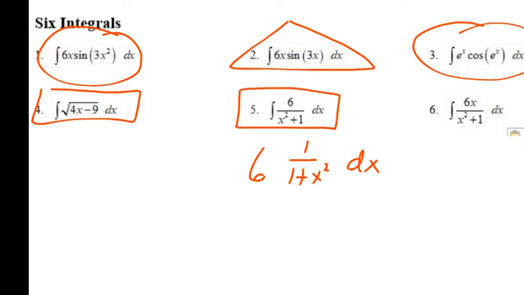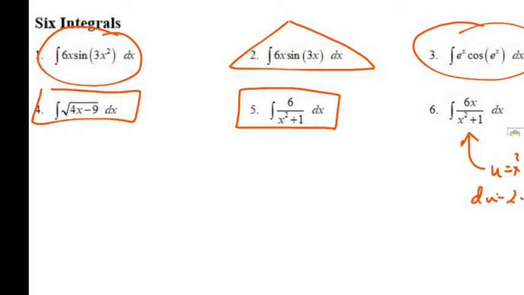So it ends up being a basic problem because we recognize it. But if you compare that with number 6, you should see that we are not able to write it as 1 over 1 plus x squared. More specifically, it's a problem that has 2 functions, and one of the functions has a derivative that's going to be able to cancel with the 6x, specifically with the x, and so number 6 ends up being another substitution problem.